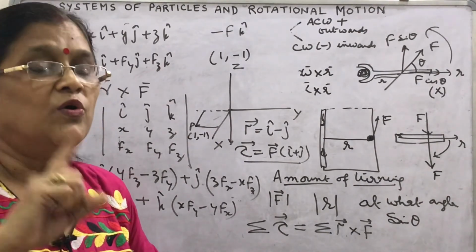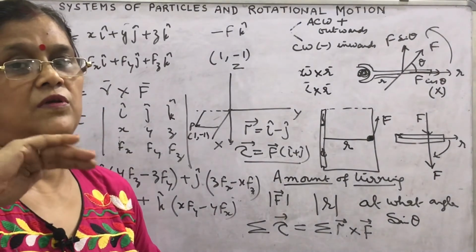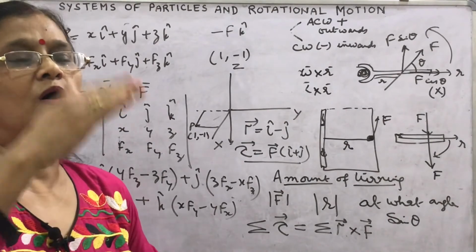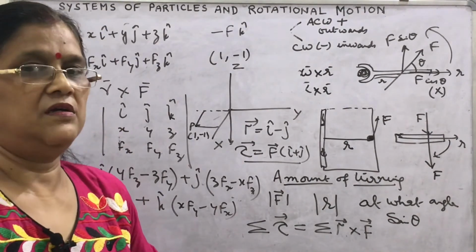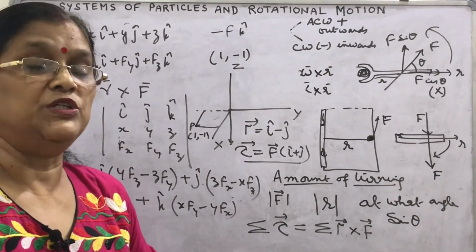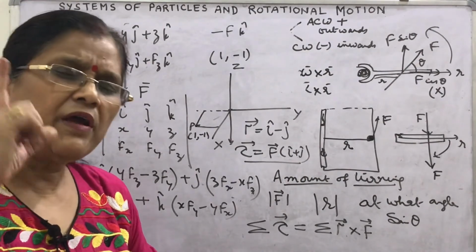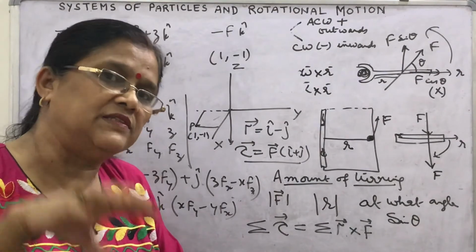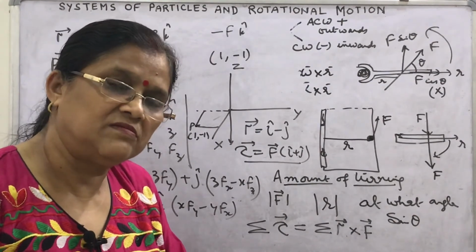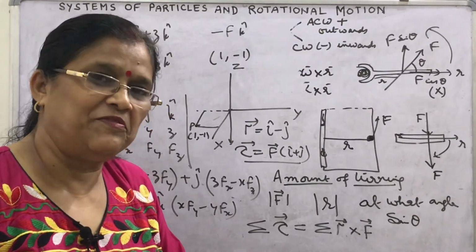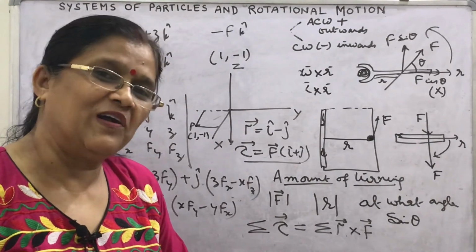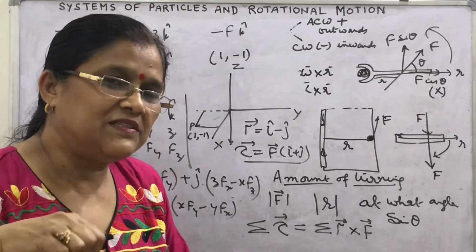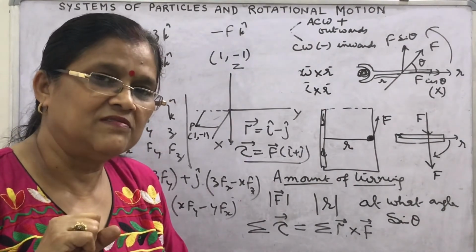There is no role of any force which is passing through the origin or is parallel to the position vector R. Now, can you give any example in which torque is acting but there is no rotation? It seems different. Torque's name is rotational effect, but torque is present and there is no rotation.